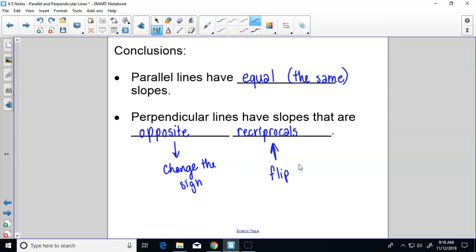You need to know that word reciprocal, because you could have a question on a test or a quiz or the final exam on Math 1 that might not even really give you a problem. It might be like a fill in the blank, like perpendicular lines have slopes that are blank, and one of the options is opposite reciprocal. So you need to know what the word means. As far as writing it down, we're not going to actually write it very much. We just need to know what it means.